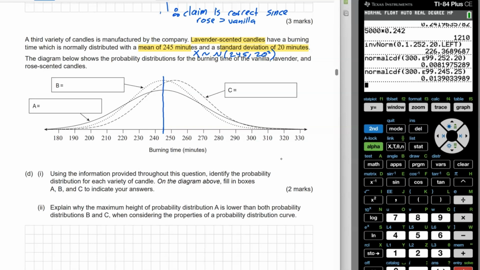One of them has a bigger standard deviation than the other. So this one here that's more spread out has a larger standard deviation. So I'm going to go back. I can see that my one here, for the lavender, has a 20 standard deviation, whereas my rose one, I said earlier, had 25.